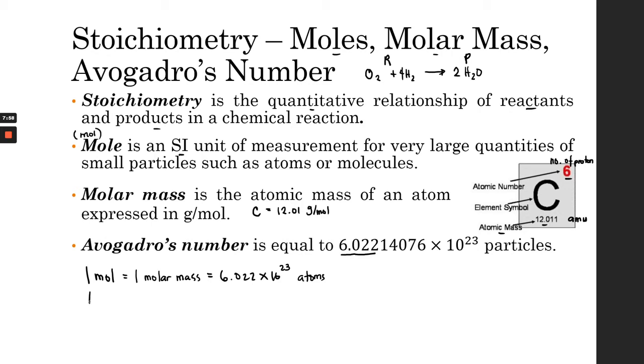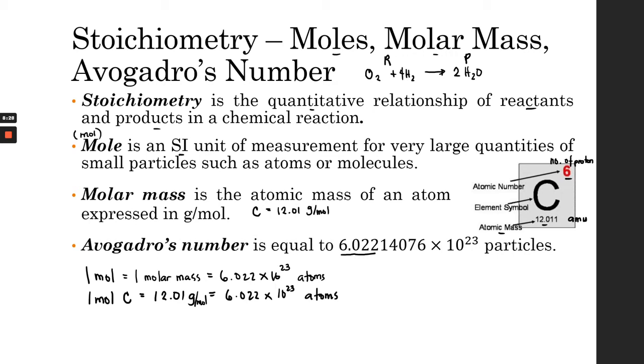So what do we mean by that? If I have 1 mole of carbon, that 1 mole of carbon is equal to 12.01 grams, its atomic mass. And that is actually equal to 6.022 times 10 raised to 23 atoms.